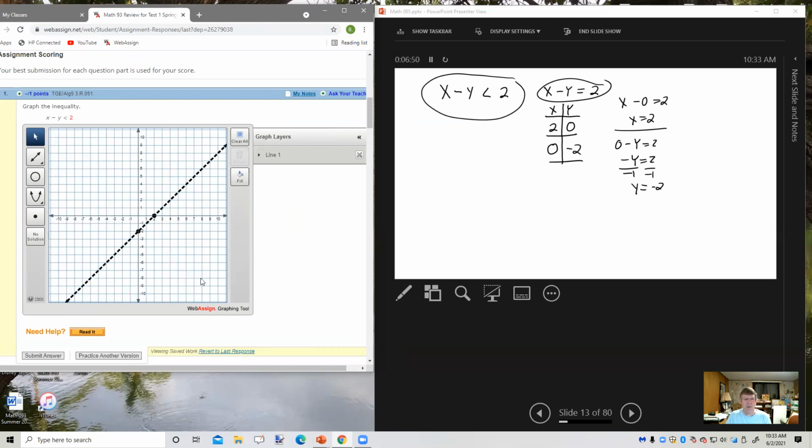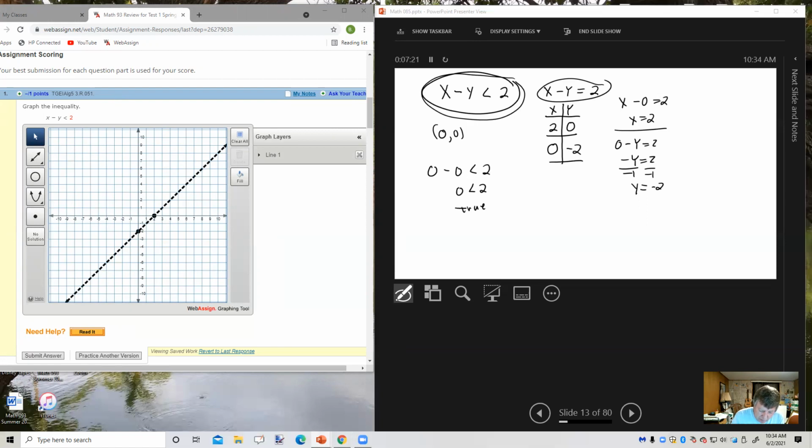What I need to determine now is which side of this dashed line is the solution. So I'm going to pick a test point. I need to pick a point that is not on the line. I'll pick 0, 0. So I'm going to come back over to my whiteboard screen, and I'm going to take the point 0, 0 and see if it is a solution to the original inequality. So plugging the numbers in, I get 0 minus 0 less than 2, 0 less than 2.